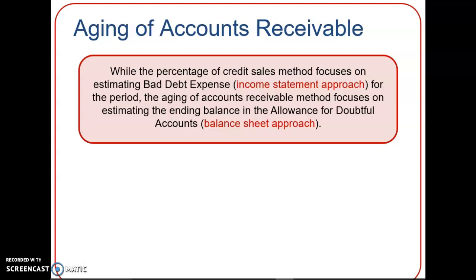Okay, so as the name suggests, this method looks at the age, or how long the accounts receivable have been outstanding, and then gives different estimate percentages to different accounts receivable of different ages.